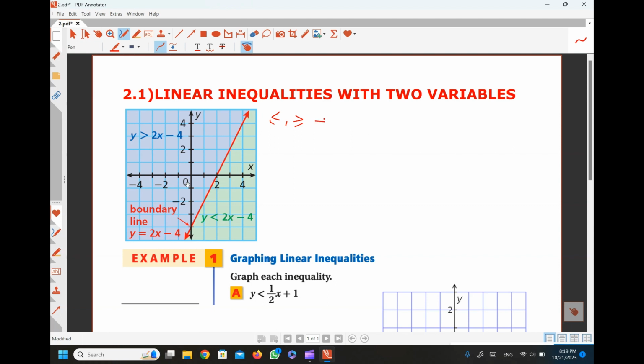So we are going to use a solid line because the line is included. However, when we have less than or greater than, we are not going to include the boundary line in the solution. So we are going to use a dashed line.